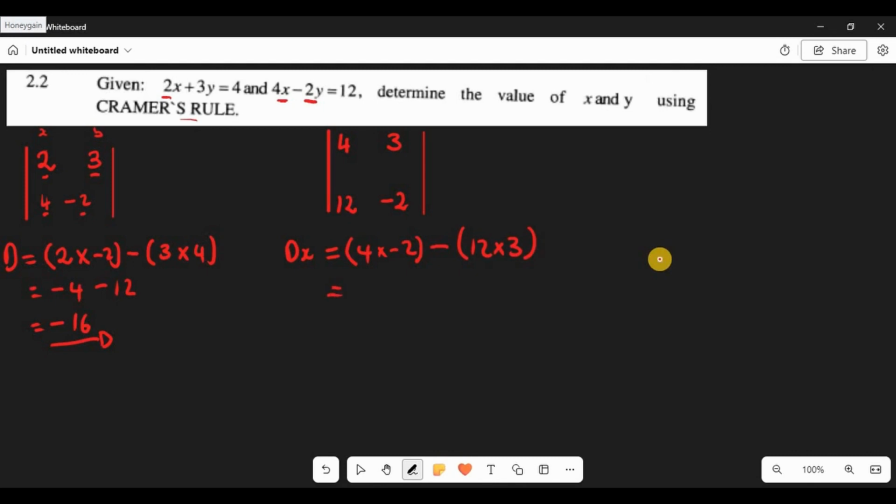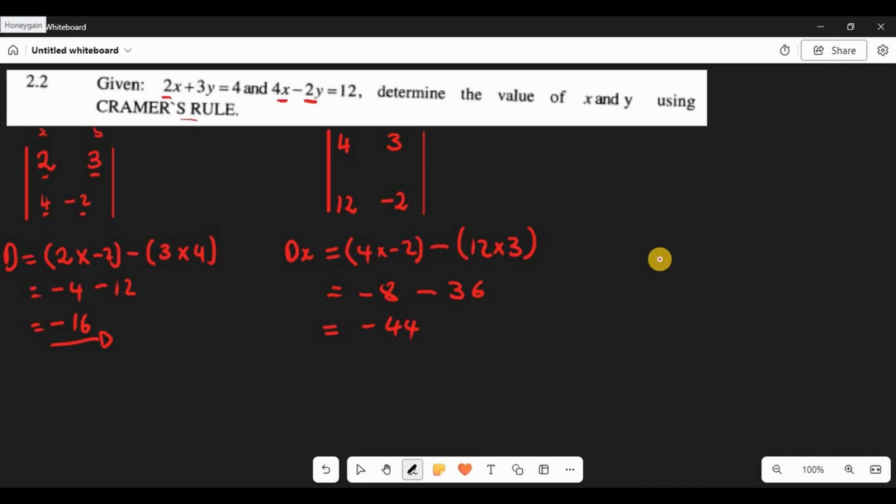So this is gonna be negative 8, and that is gonna be negative 36. There we go. When you combine these two, they're gonna give you negative 44. Right, so as you can see, this here, guys, is your determinant for x.